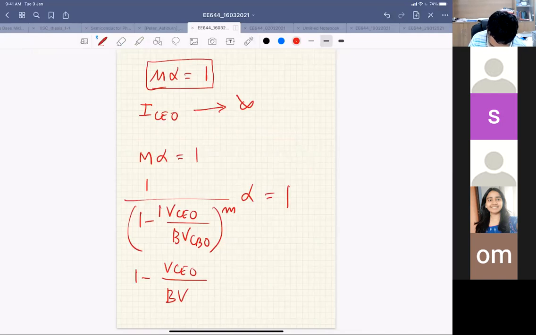Basically, this is based on BVCBO, BVCBO to the power m equal to alpha, right?